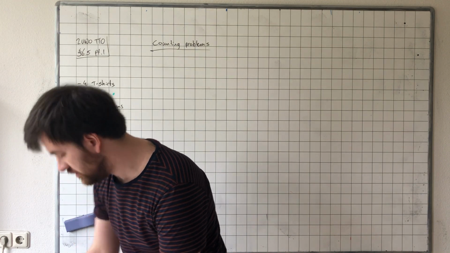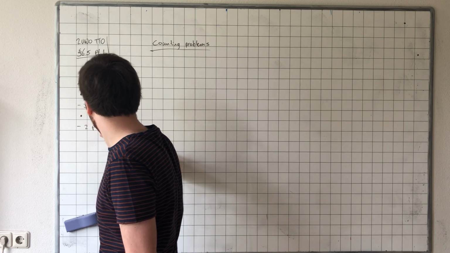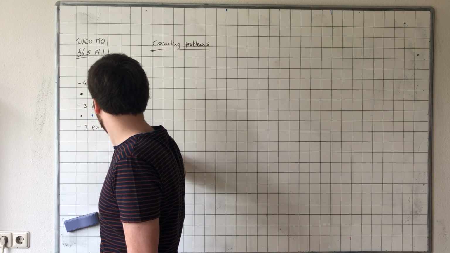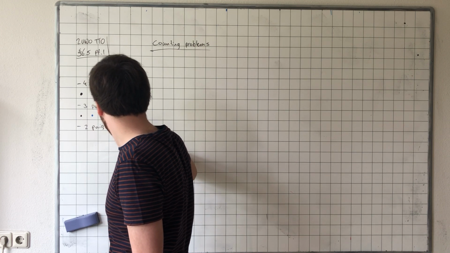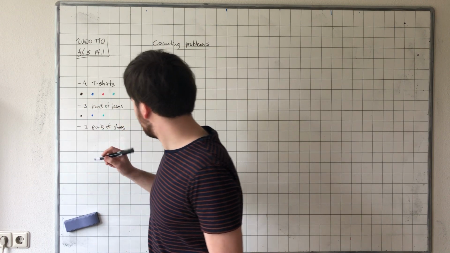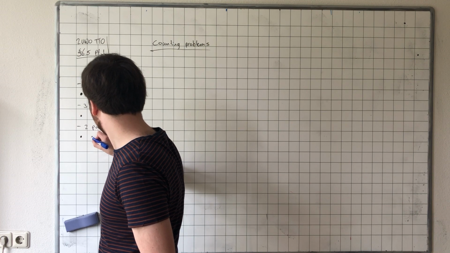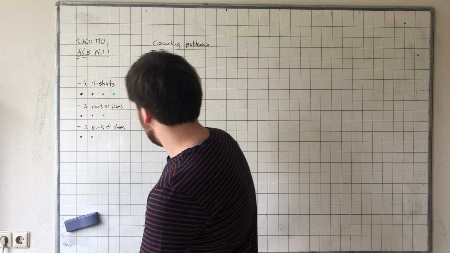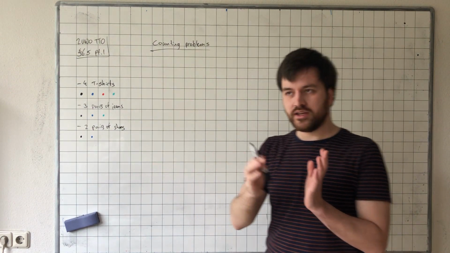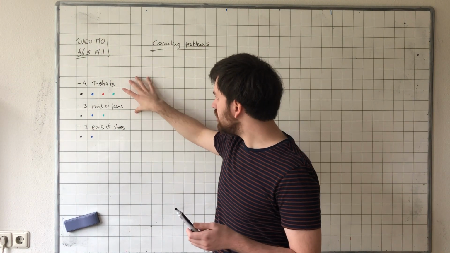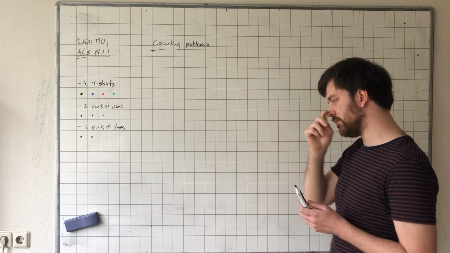And let's assume that you also have 2 pairs of shoes, which will use the colors black and blue. Okay. Now we can think, how many different combinations can we make with these 3 objects? So if you want to choose 1 t-shirt, 1 pair of jeans and 1 pair of shoes.